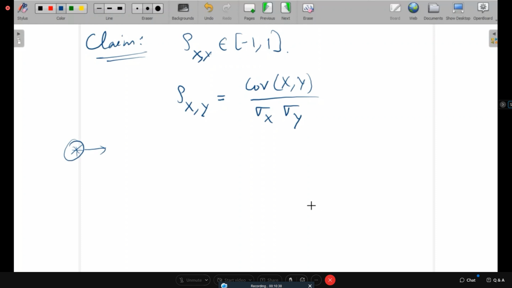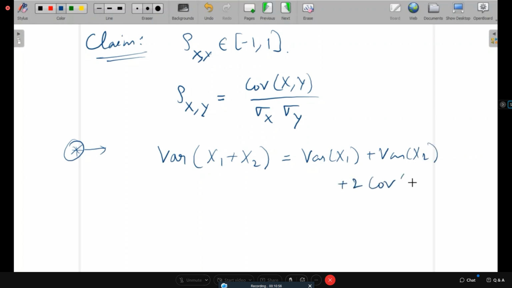So how? I know that variance of x1 plus x2 is going to be variance of x1 plus variance of x2 plus 2 times covariance of x1 comma x2.